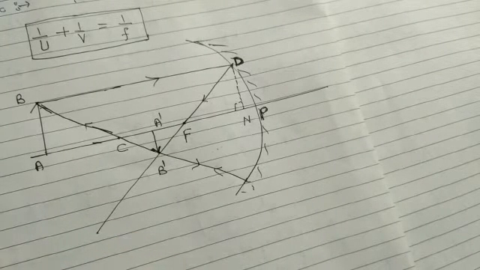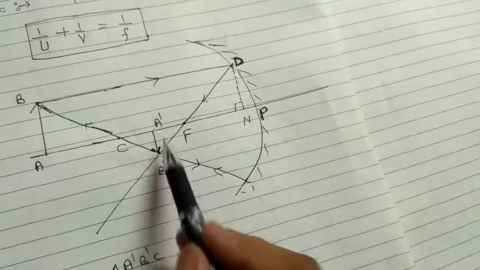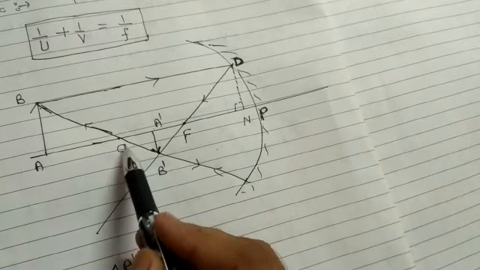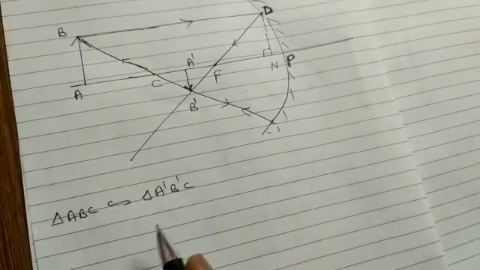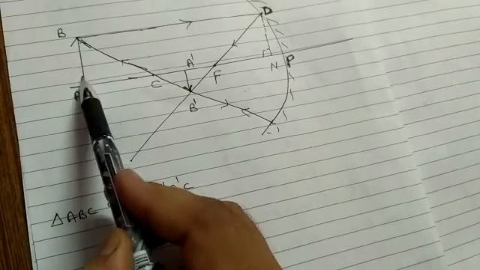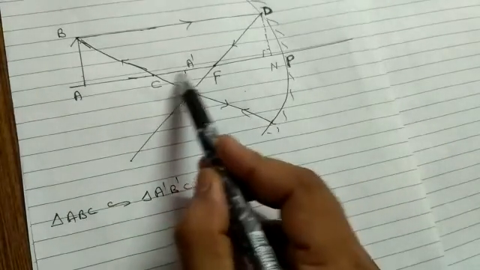Triangle ABC is similar to triangle A dash B dash C. The angle at point C is common. If the triangles are similar, the ratio of their sides is the same. That is, AB upon AC equals A dash B dash upon A dash C.